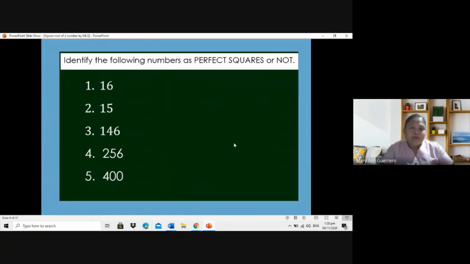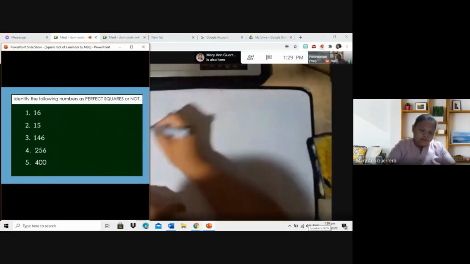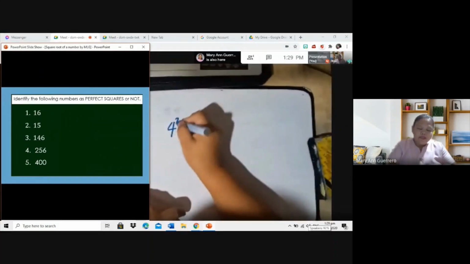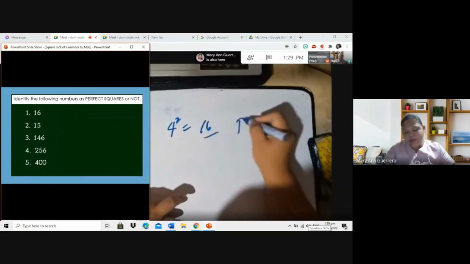Number 1. Can you think of a number whose square is 16? If you can think of a number whose square is 16, then 16 is a perfect square. Okay, correct. The number whose square is 16 is 4. So 4 squared is 16. So therefore, 16 is a perfect square.